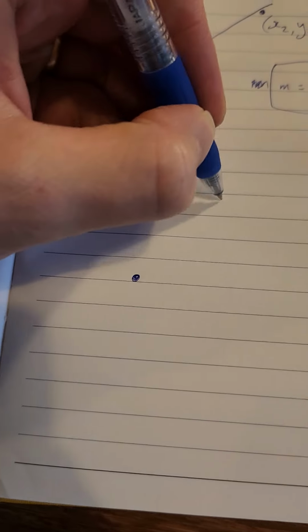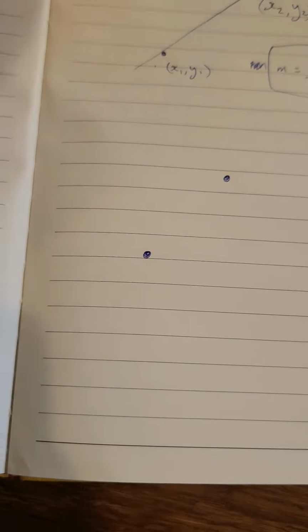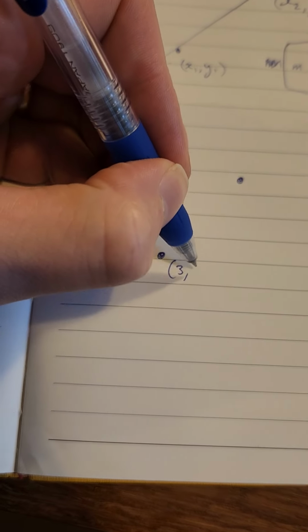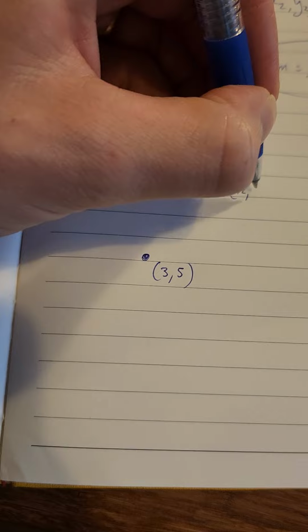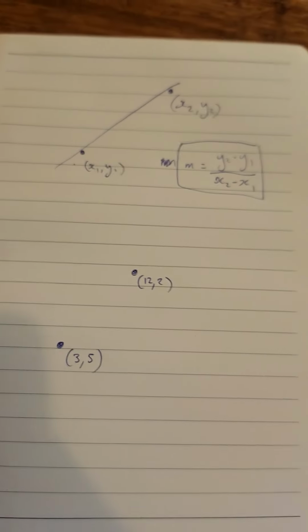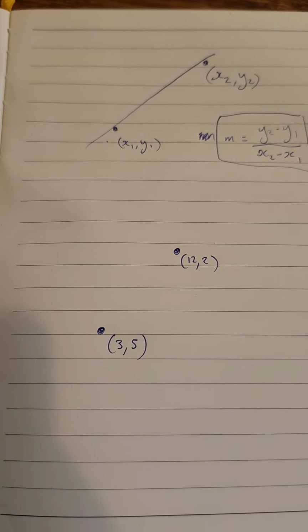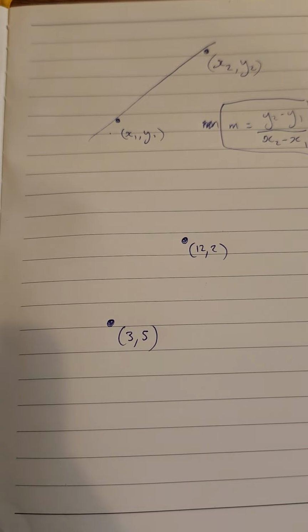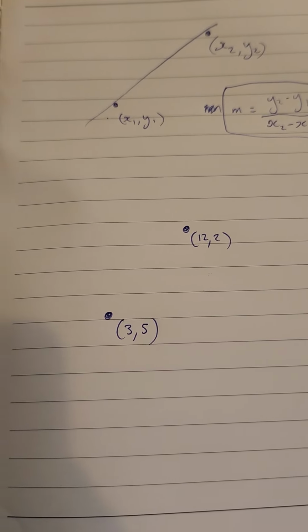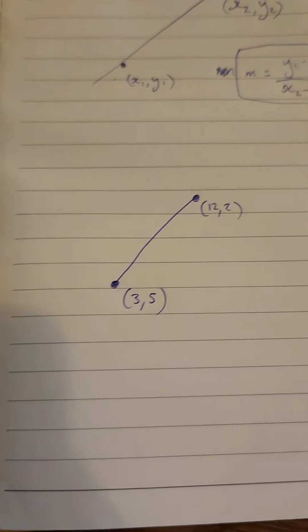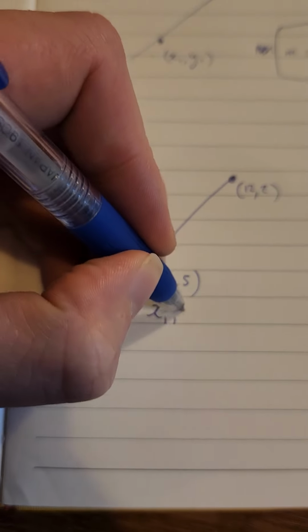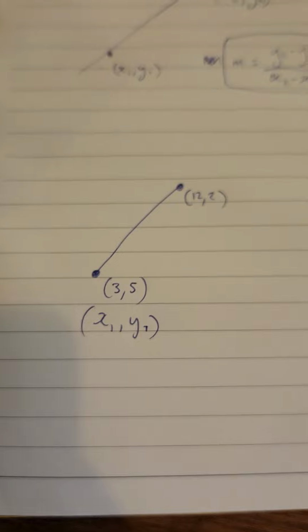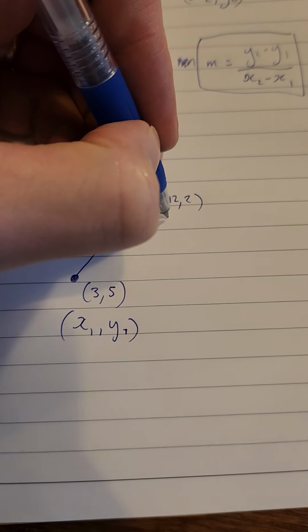Imagine we've got two points. I'm just going to totally randomly come up with these numbers, 12 and 2. Notice, by the way, that these points aren't even necessarily in the right place in terms of plotting them. It really doesn't matter. We decide one of the points is going to be point 1, so I'm going to call this x1, y1, and we're going to call this other point point 2.